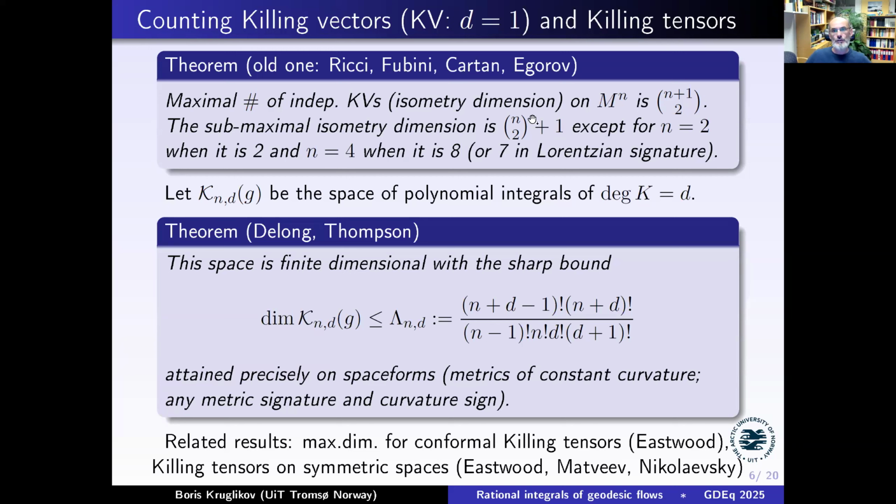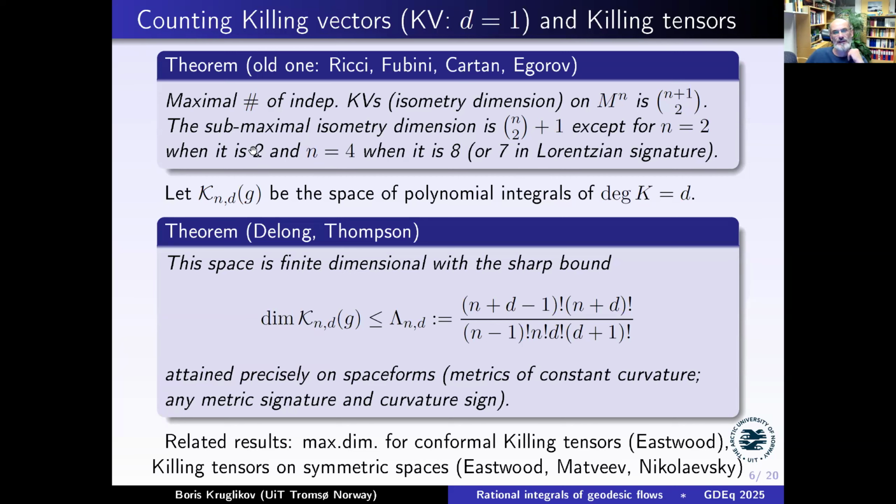Okay, so that's for general n, and there are two exceptions. N equal to 2. For n equal to 2, this number is 3. This number is 2, but 2 is not realizable. So there's a gap. Oh, that's actually wrong. At this point, when n is equal to 2, submaximal should be 1. Okay, sorry for this.